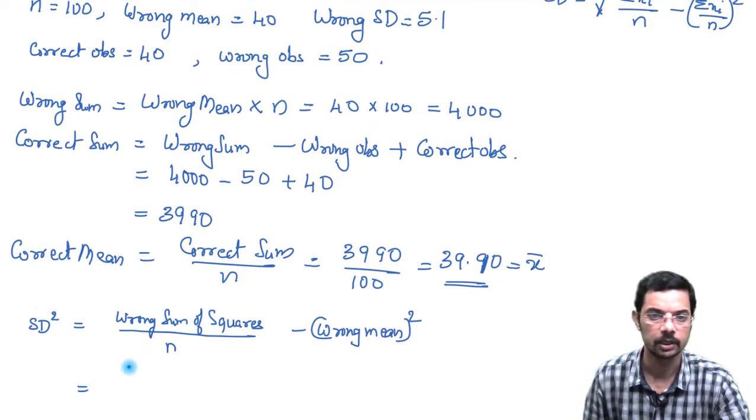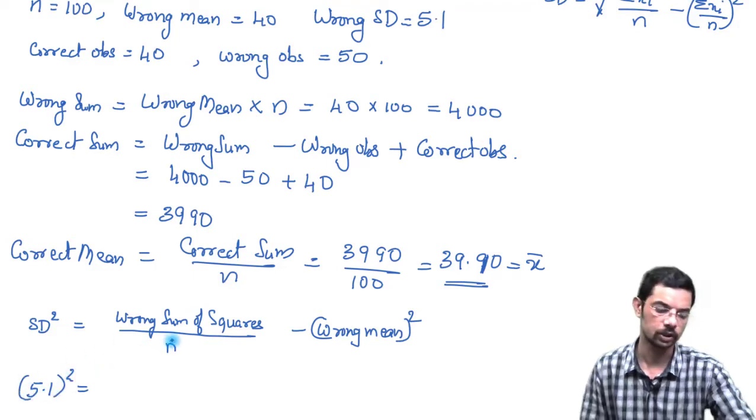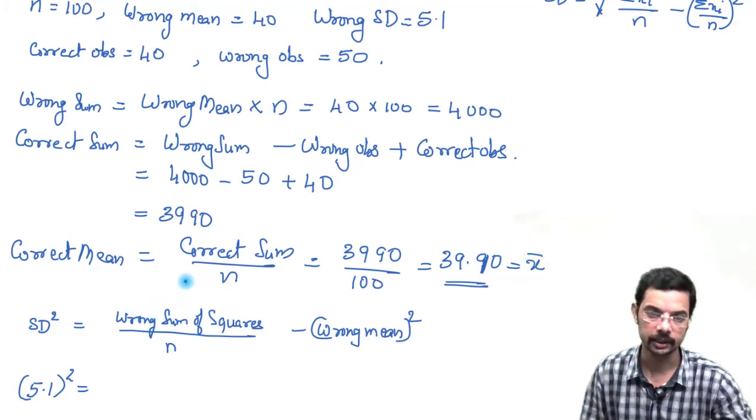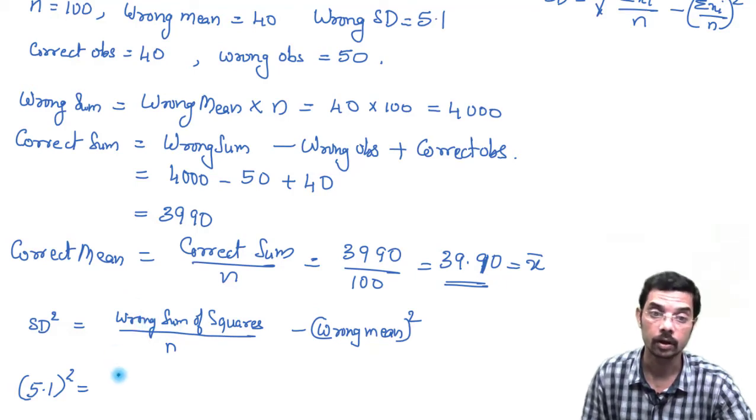So we shall now put the values. SD square will be equal to, what is SD square? Wrong SD was given as 5.1. So it is 5.1 whole square, which will be equal to 1 by 100 into wrong sum of squares, minus wrong mean whole square.